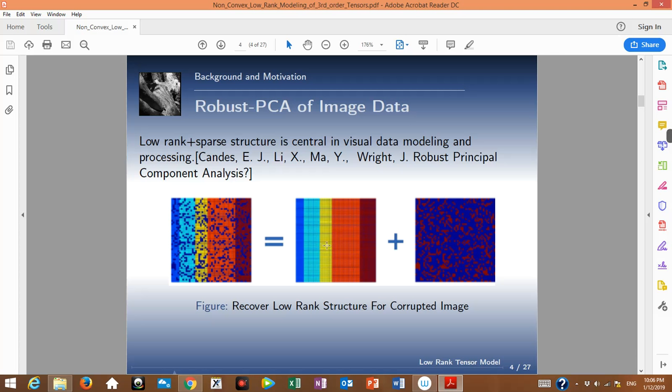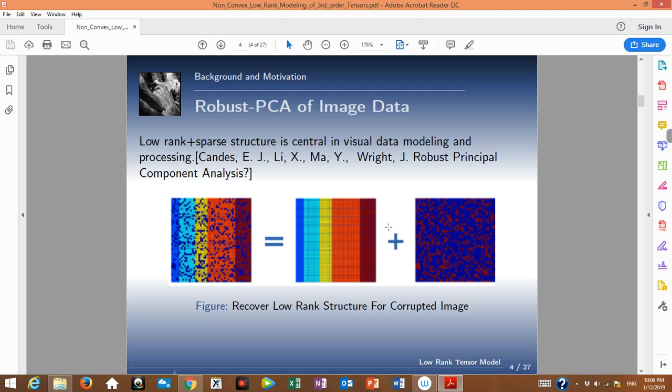You may think we can use PCA to find the low rank structure, but if the image is very corrupted, with lots of missing values or noise, it is impossible to use PCA to recover the low rank structure.